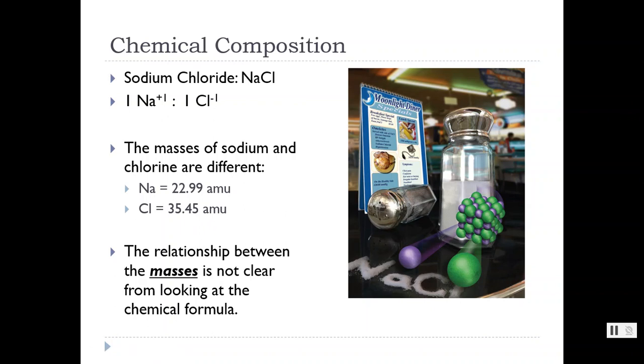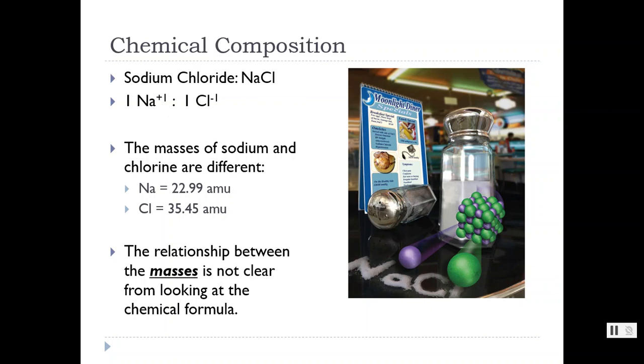So, as important as chemical formulas are, we cannot use those chemical formulas directly to say anything about the relationship between the masses of the individual components. Because of that, we need to introduce a new unit when talking about amounts of chemical species.